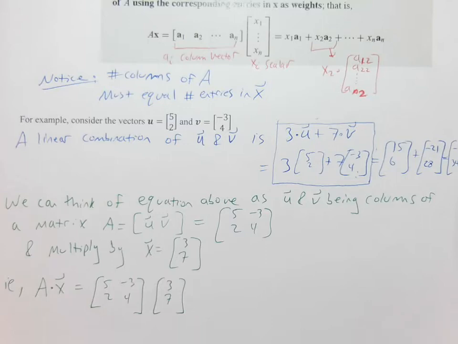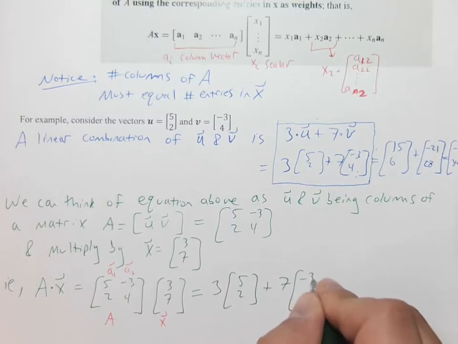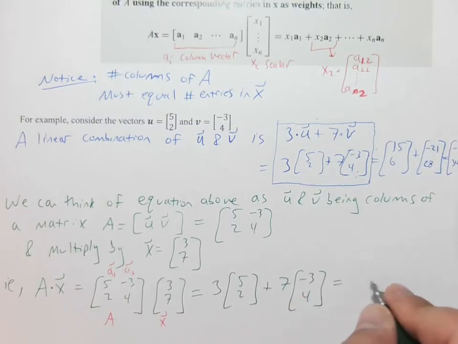I'm just relabeling A as having columns A1 and A2, and those are columns that we just took as U and V. And if we have this multiplication, the 3 becomes the weight for the first column, and the 7 becomes the weight for the second column. And so we get this exact same expression that we just got. 3 times 5, 2. 7 times minus 3, 4. Right, and we'd get minus 6, 34.